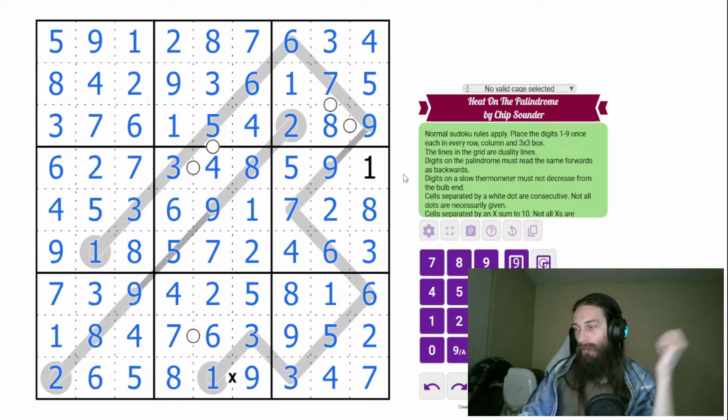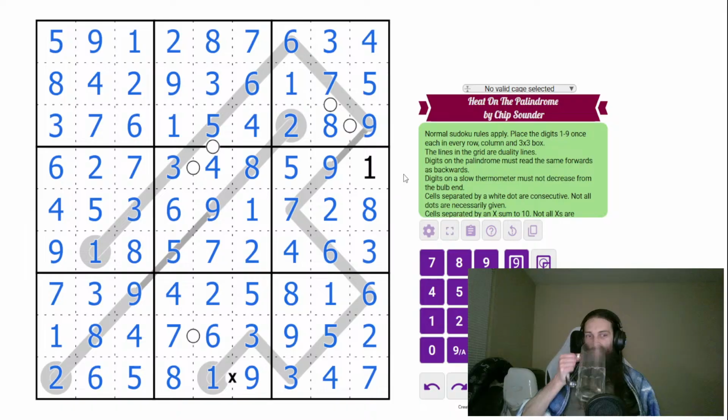Signaled, maybe? Just because it is a palindrome puzzle.